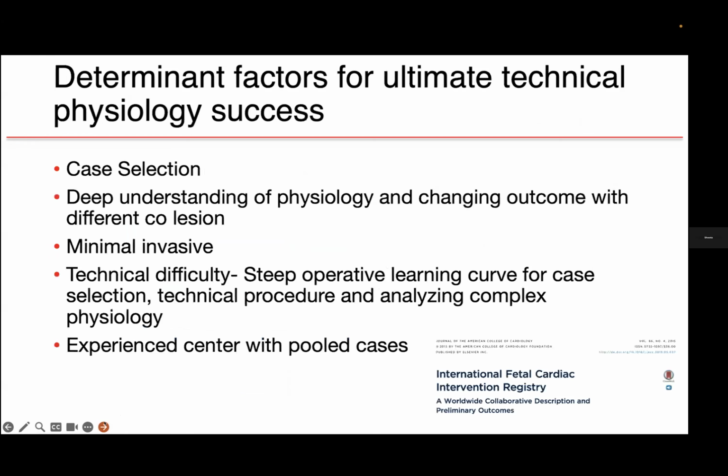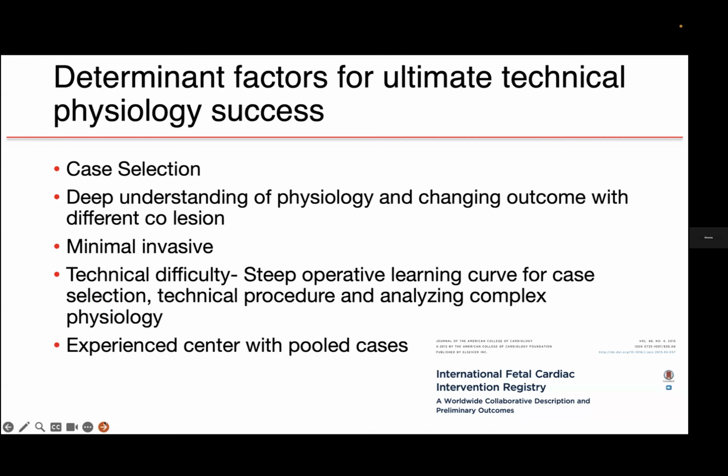So why is this differing? Whenever there is multi-center data collected for fetal procedures, there is a steep learning curve in the selection of cases. Case selection, deep understanding of physiology, understanding the longitudinal follow-ups, changing fetal hemodynamics and associated co-lesions are very important determining factors in your ultimate outcome for biventricular repair.